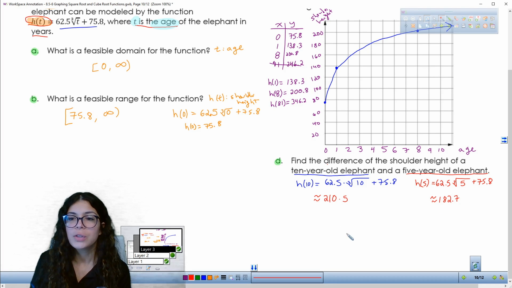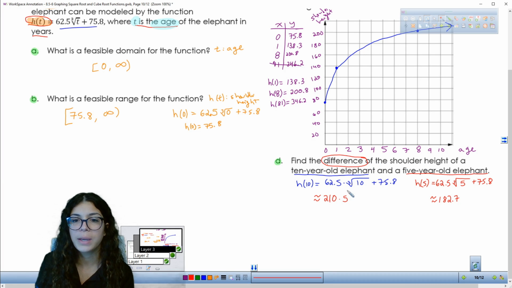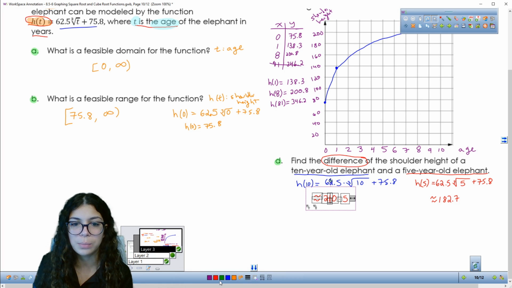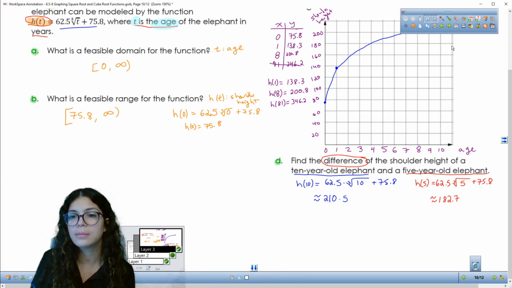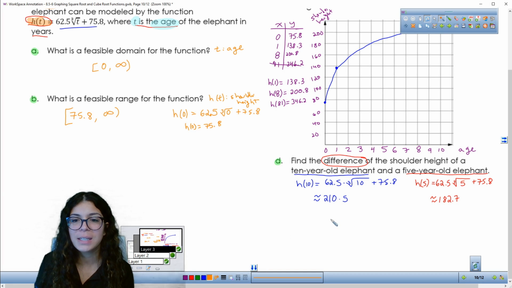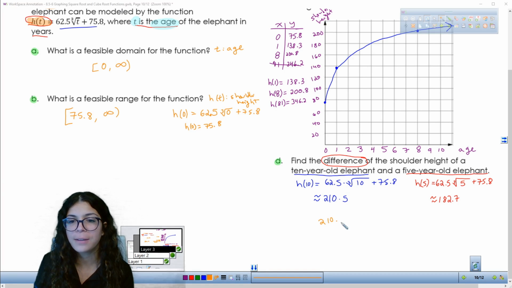All right. So now we can actually find the difference of the shoulder heights. We have the shoulder height of a 10-year-old elephant, which I will change to blue, just for color coordination. The height of a 10-year-old elephant is about 210.5. The height of a 5-year-old elephant is 182.7.